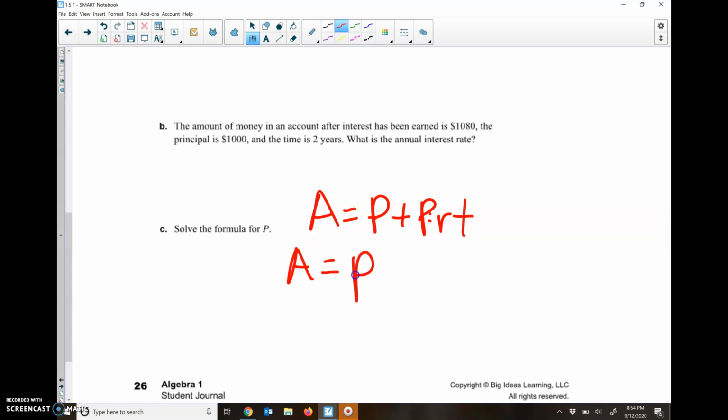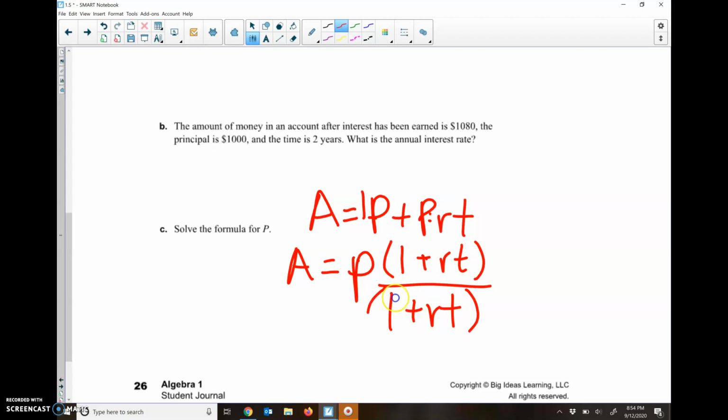If I undistribute a P, what's left there? Remember, there's always that 1 in front of that P. So I undistribute a P from one P, I'm just left with a 1. I take out a P from PRT, and I'm just left with R and T. So now this says P times 1 plus RT.